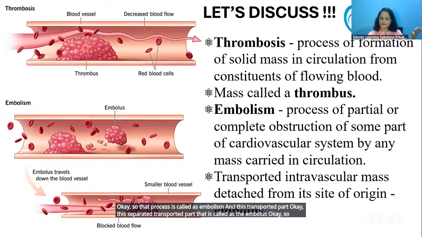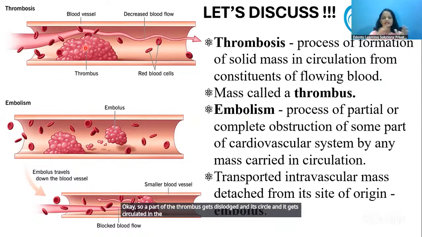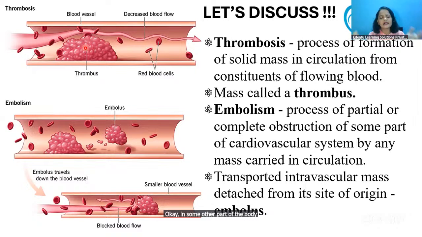So to make it easier, in a thrombus a part of it gets dislodged, gets circulated in the blood and lodges in some other part of the body which has a smaller diameter blood vessel.